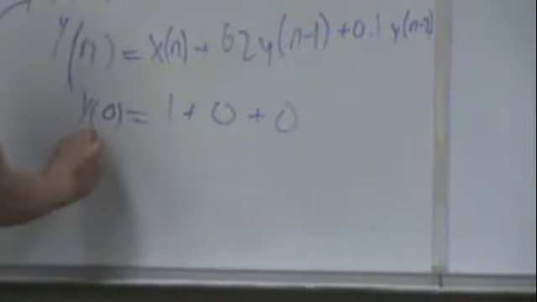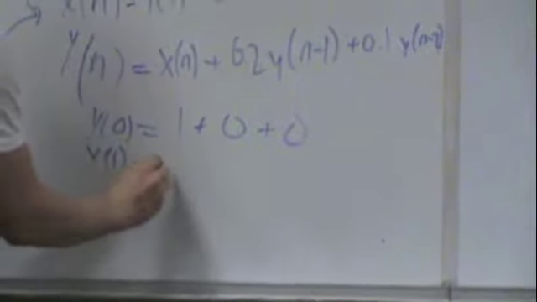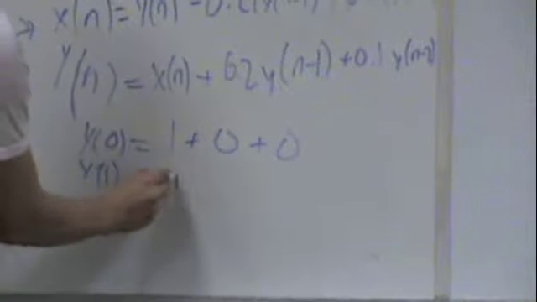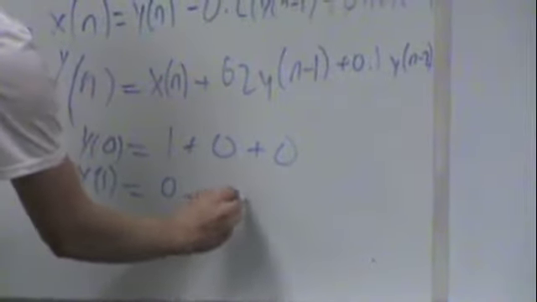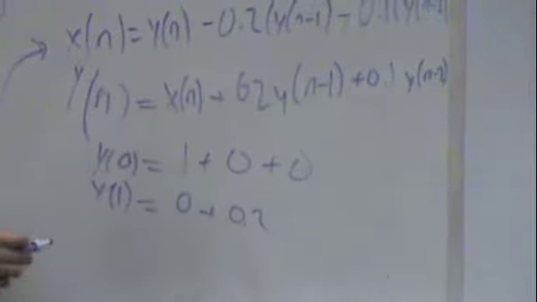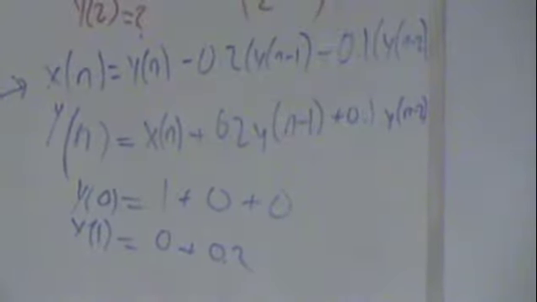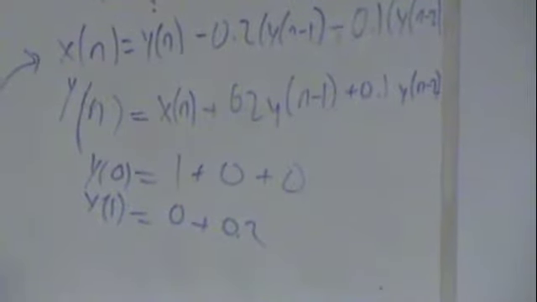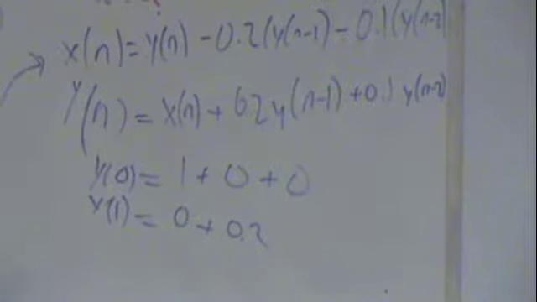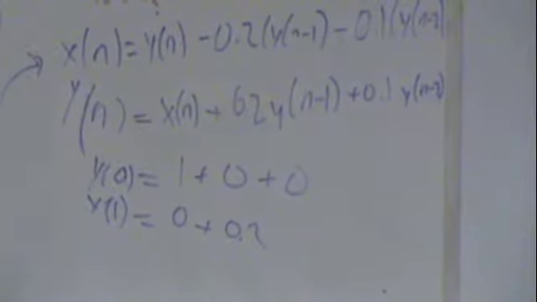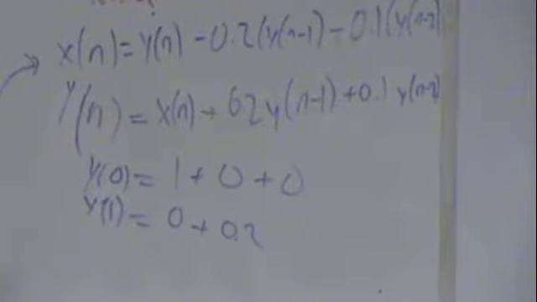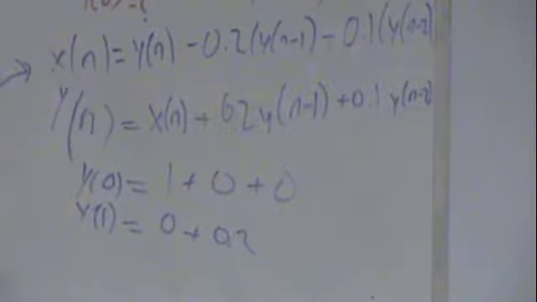Okay, so then y of 1 equals 0 plus 0.2. So we know that this is a finite impulse response, and this is infinite. To distinguish the two, we want to know if y of n is finite or infinite, if it goes on forever or if it just ends at some point.